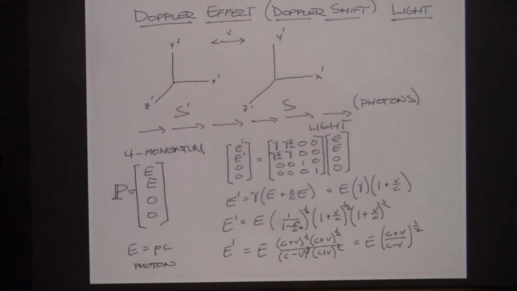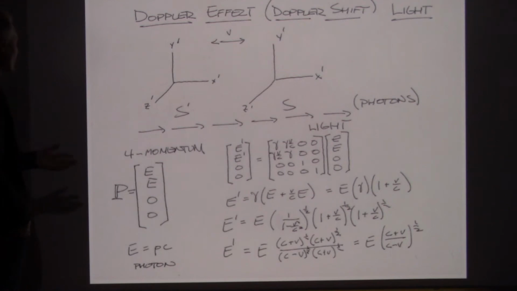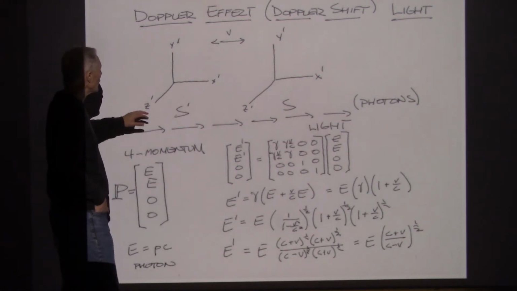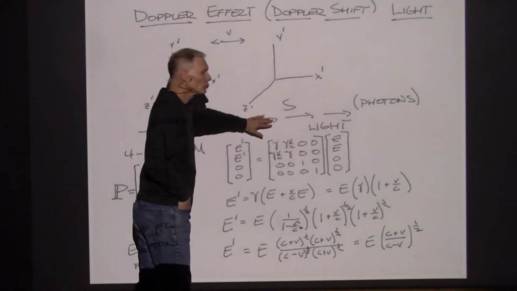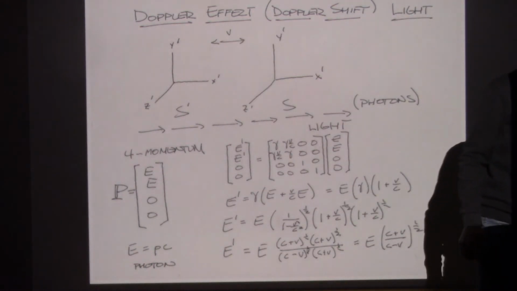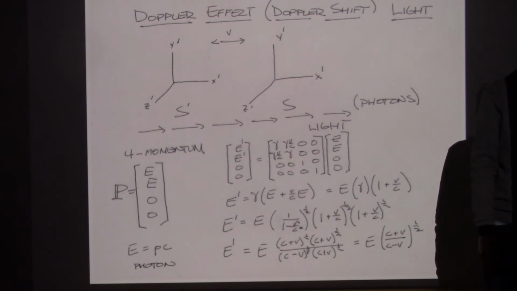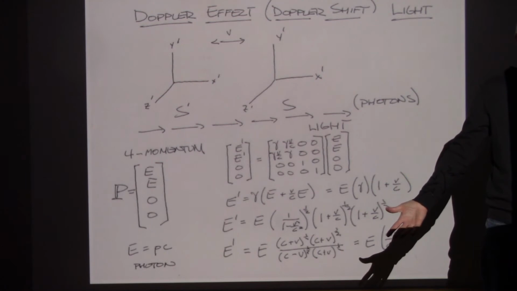Now, one last formula that we want to go through and derive, and you guys just want to be able to work from the results. You don't have to go through the derivation and derive it. So if I've got some light traveling by, some photons coming by, and I measure how much energy that photon has, and then I ask myself, in another reference frame, how much energy would that photon have?